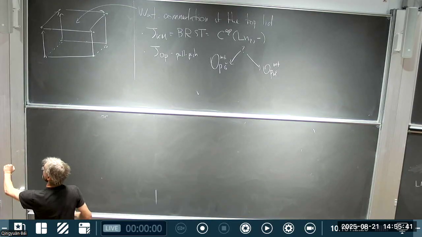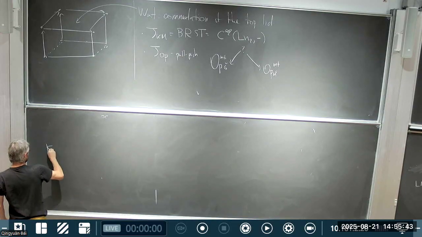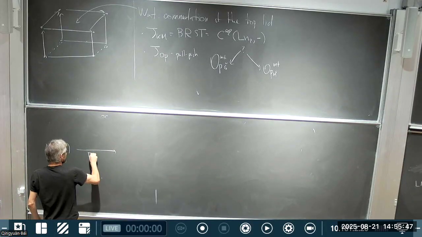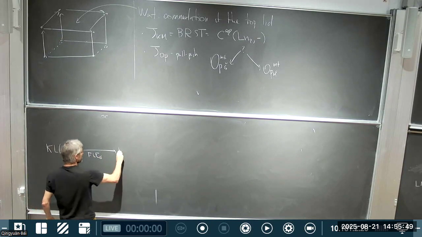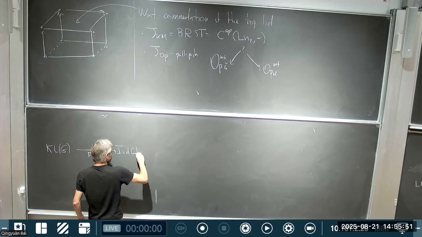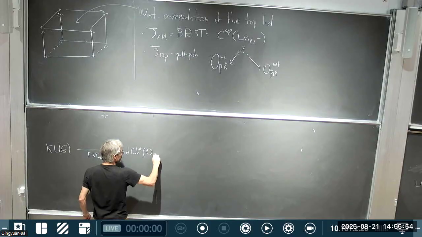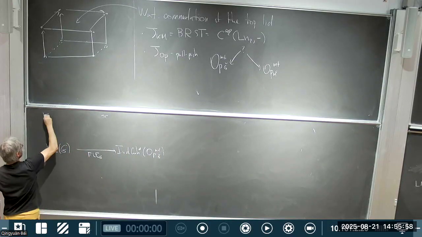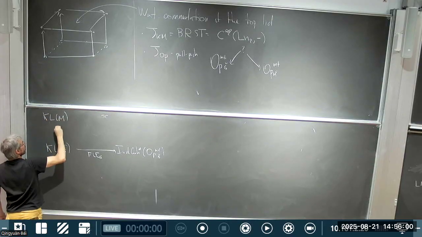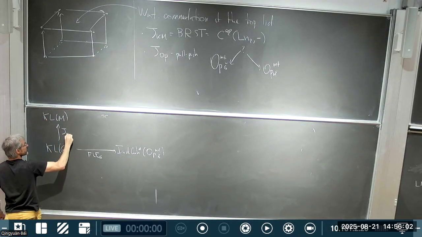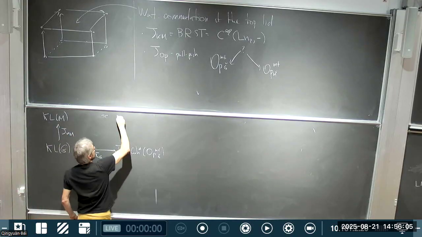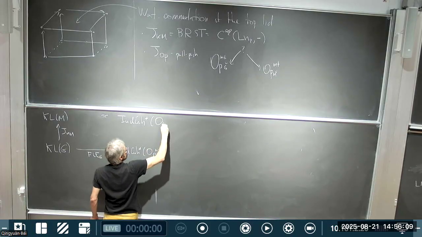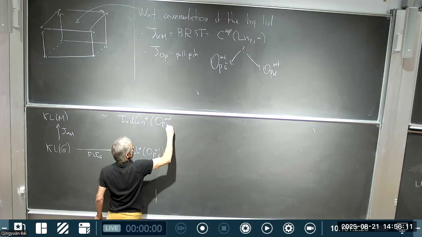It's the bottom lid. Namely, here you have KL_G going by means of its Langlands equivalence to IndCoh of monodromic opers. Here is KL_M. This is the Jacquet functor for the Levi. This is IndCoh of monodromic opers for M-check.